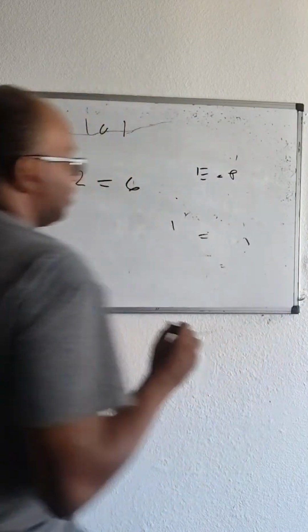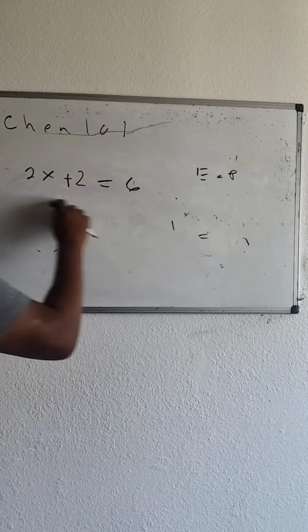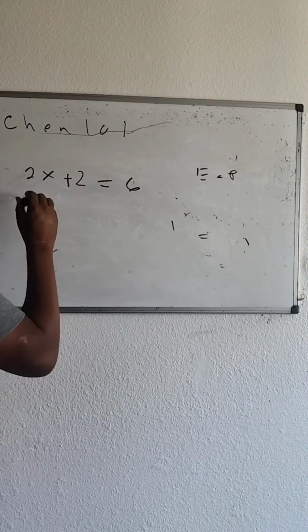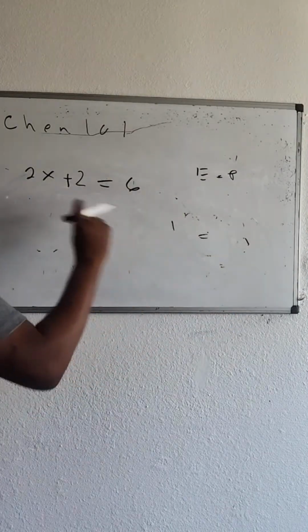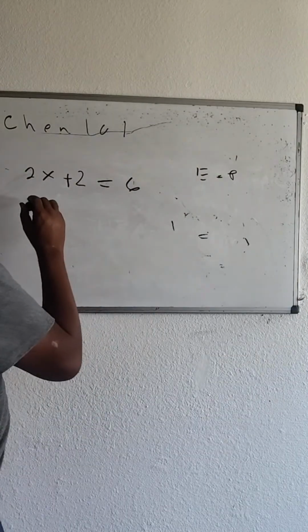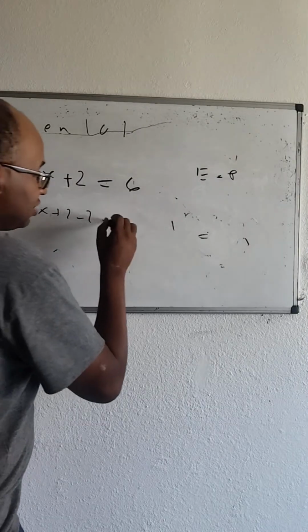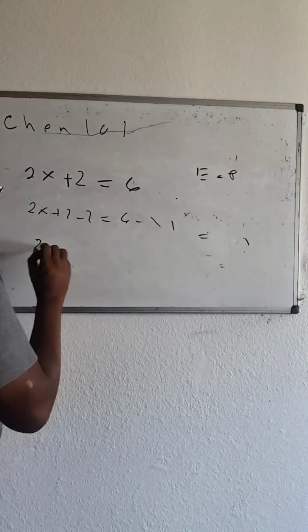Total number, right? I don't know if it's neutrons, electrons. We'll make an assumption. How many protons are there? Go ahead and correct me, guys, if I'm wrong. It's been a while. So we need to find the number of protons. 2x plus 2 minus 2 equals 6 minus 2, so 2x equals 4.